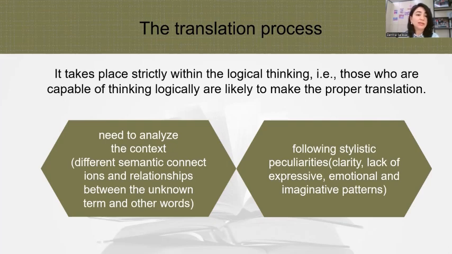The first is how we could analyze the context. It is the different semantic connections and relationships between the unknown term and other words. And second, you should be clear about the clarity, the lack of expressive, emotional, and imaginative patterns within the text.